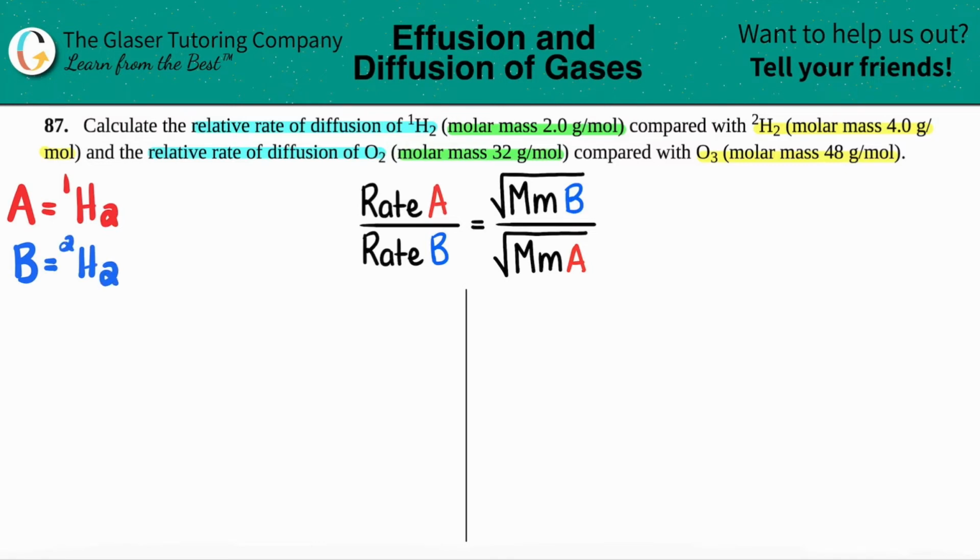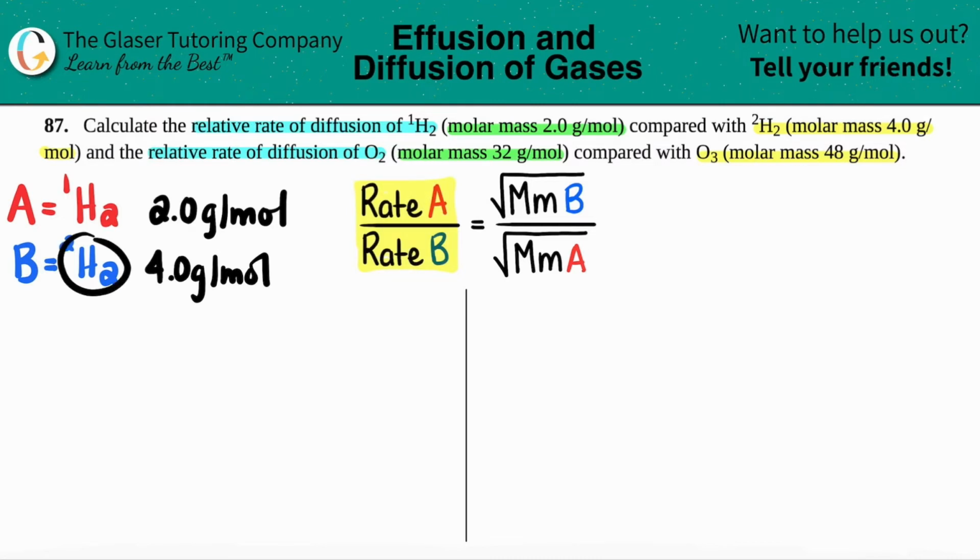And they have different molar masses, right? This one they said was 2.0 grams per mole, and the other one had a molar mass of 4.0 grams per mole. So we basically just have to solve for this ratio, comparing the rate of diffusion of the first one, H2, with the rate of the second one, which is B.